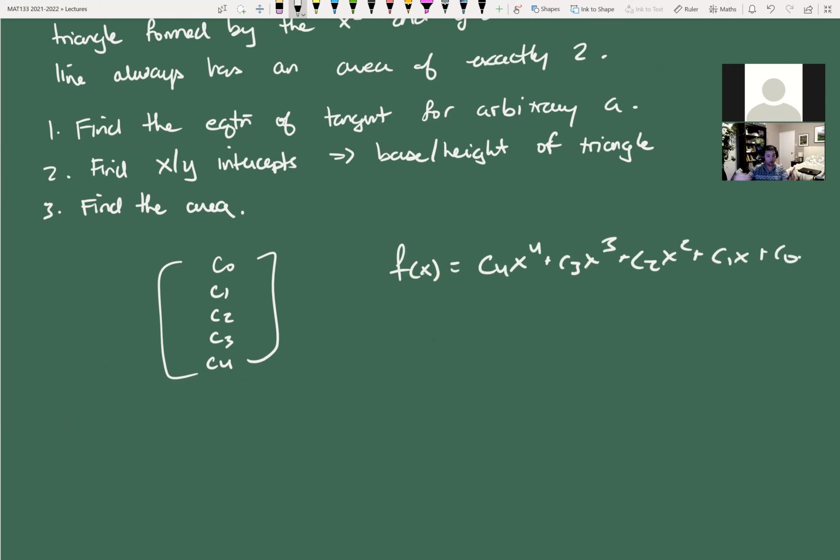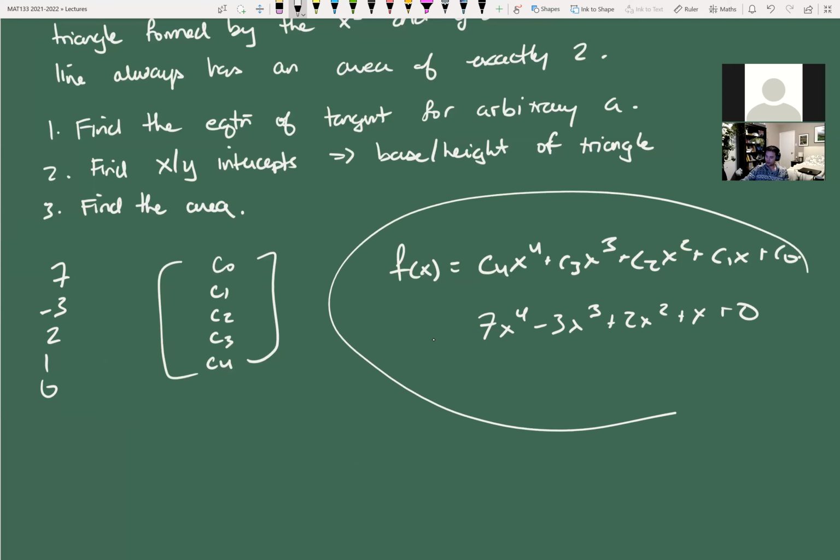So now you know what numbers to plug in. Like, if you had, say, gotten 7, -3, 2, 1, 0, then this equation would have been 7x to the 4 minus 3x cubed plus 2x squared plus x plus 0. Do you know what I'm saying, Kelly? You were trying to find the coefficients. You have now found the coefficients. So go plug them back into your function. And then if you want, plot your function and check that it worked.